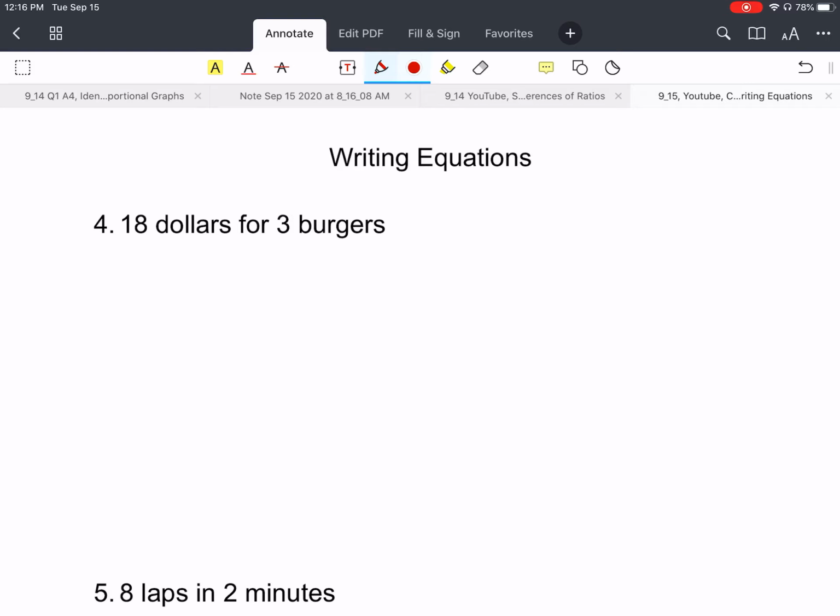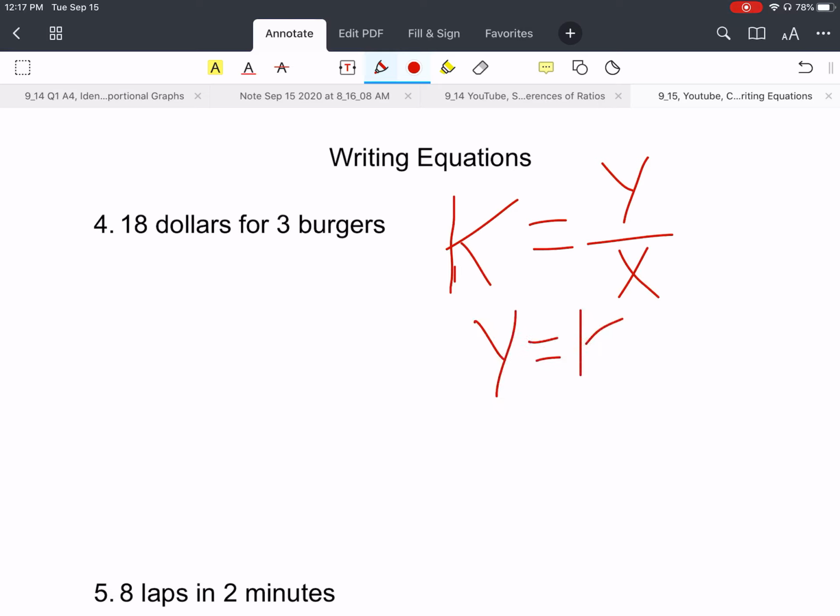First step we need to do is figure out the constant of proportionality, and that formula is still k equals y divided by x. And eventually, that will turn into the form of y equals k times x, which is an equation that we should be familiar with.